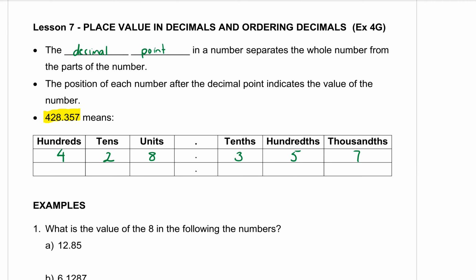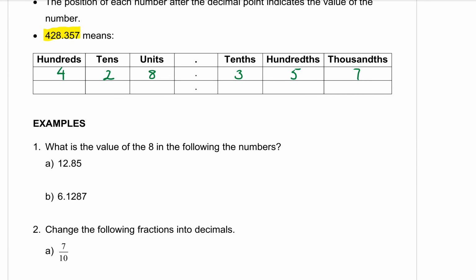Now, there's a second row in that table because we can expand that into what we call expanded form. 4 hundreds can be written as 4 times 100. Expanding that, 2 tens means 2 times 10.